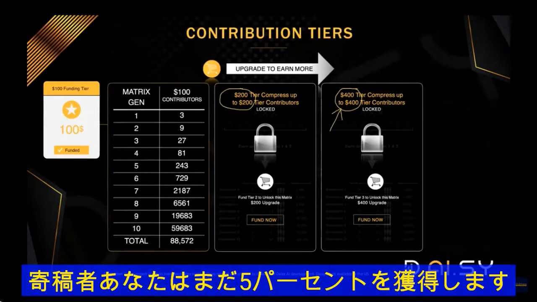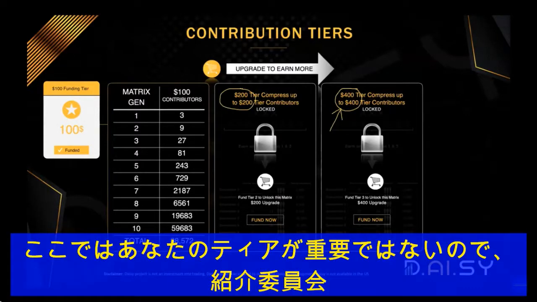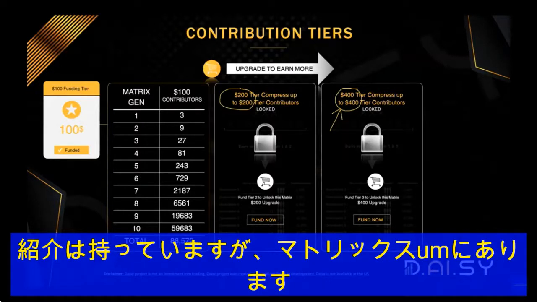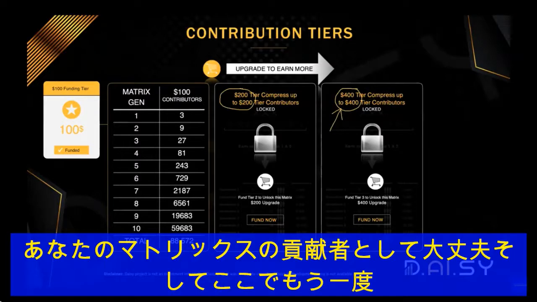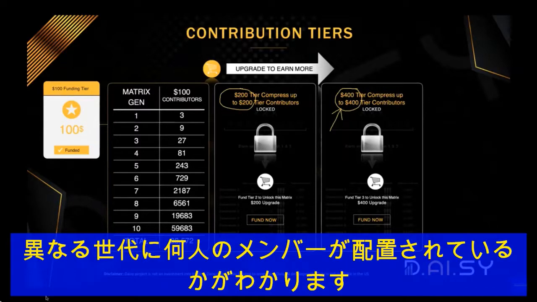You will still earn the 5% referral commission, because here it doesn't matter what tier your referral has, but in the matrix, you will have to have at least the same tier as your contributor, okay?